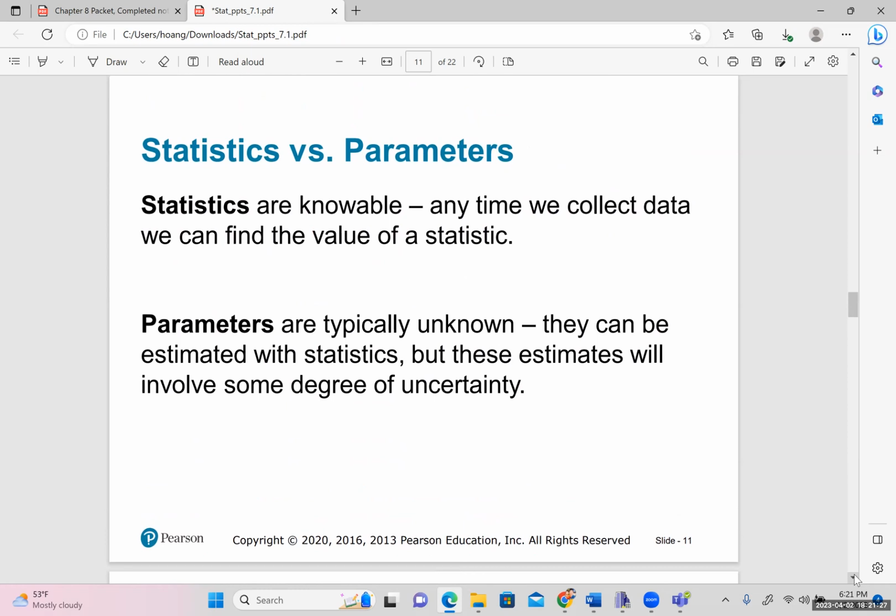The next slide talks about the difference between statistics and parameters. Statistics are knowable: anytime we collect data, we can find the values of statistics.